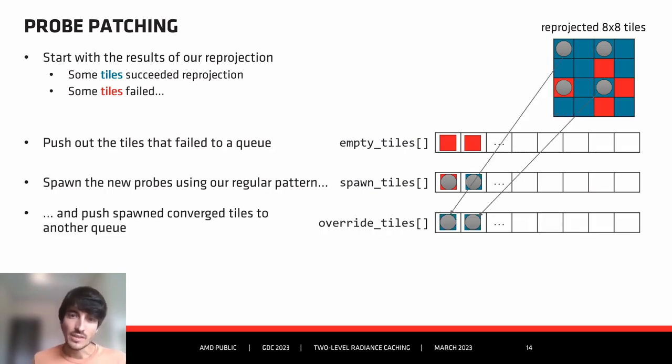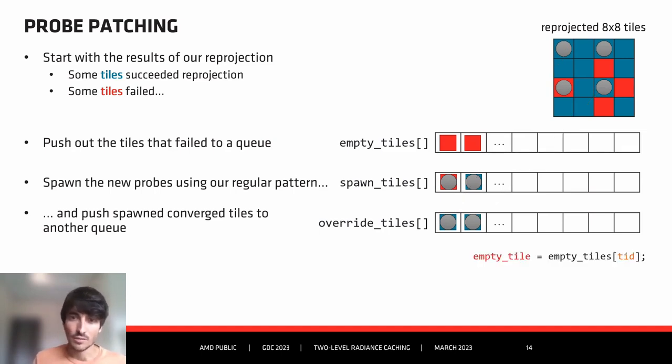But while we do this, we also populate a third queue, which we call override tiles, which stores a list of all the probes that we've spawned on tiles that already have valid data. This represents the bundles of 64 rays that we may want to deallocate away from their spawn position and towards filling the holes.